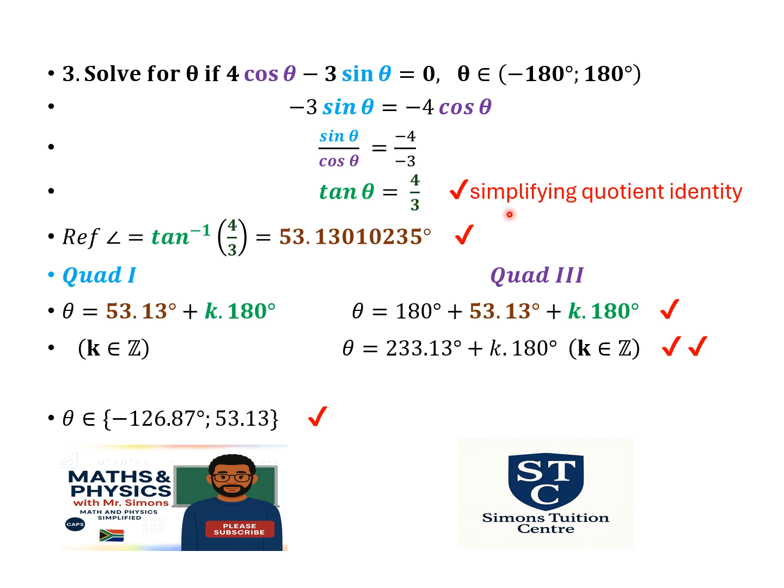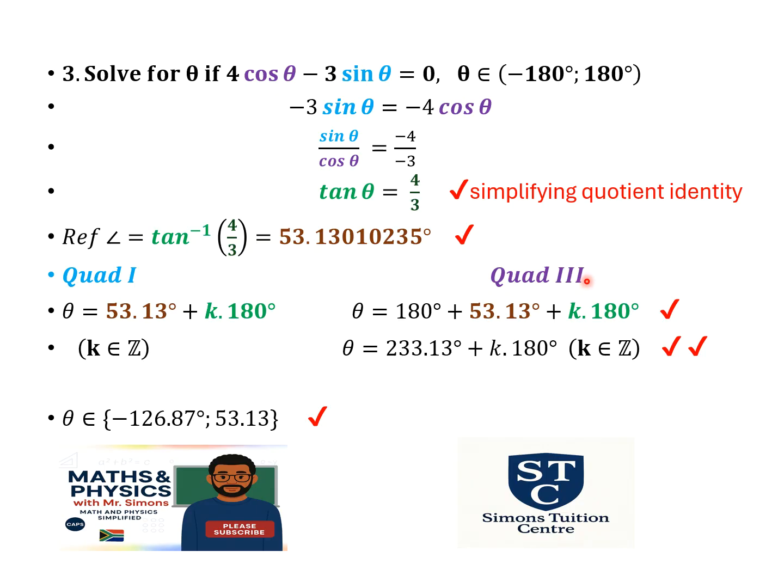Alright, 1 mark for simplifying that quotient identity. Another mark for getting a reference angle. So on my Casio, I press shift tan, 4 over 3, and it will give me 53,13 degrees. Right, tan is positive in quadrant 1 and quadrant 3. So in quadrant 1, it's simply theta equals my reference angle plus k times 180 because it's tan.